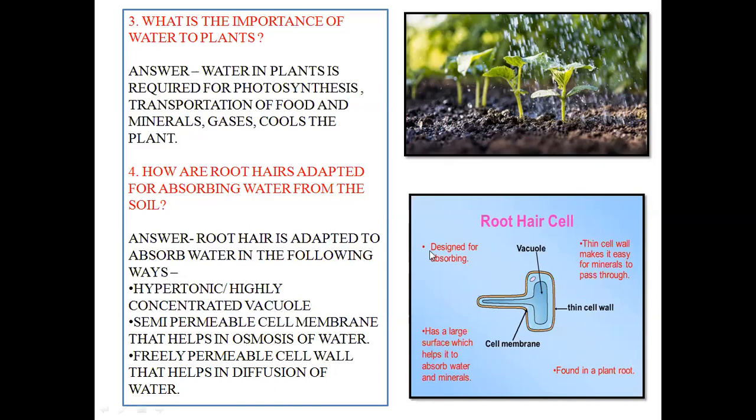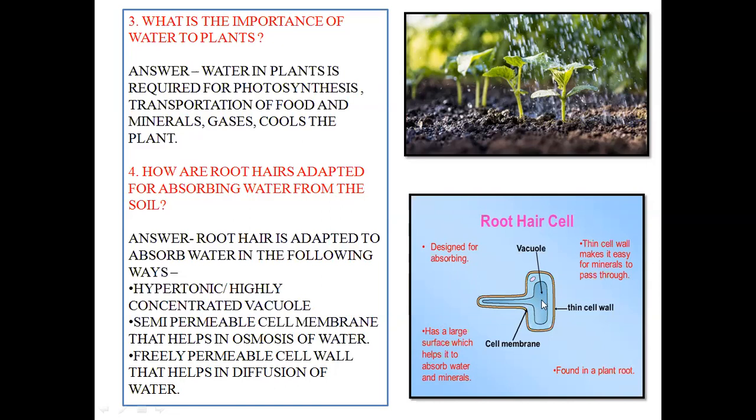First of all, it consists of a hypertonic or highly concentrated vacuole, meaning it consists of cell sap within this vacuole which is highly concentrated. High concentration means solute is more than solvent. Whereas the water in the soil is less concentrated. So as we know, water moves from its region of higher concentration to its region of lower concentration. So water moves from the soil inside the vacuole.